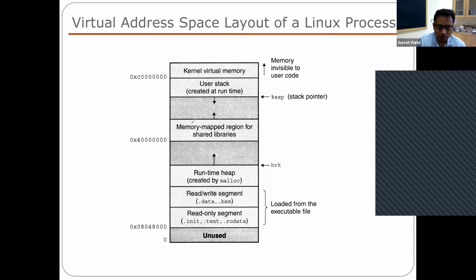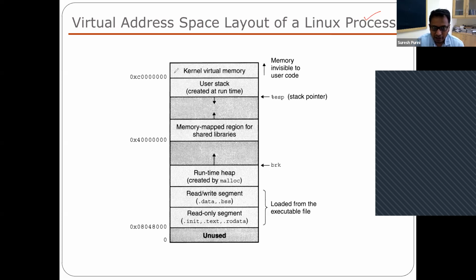This is how the memory layout of a process looks. A program, when it is given for execution, becomes what is called a process, and this is how the memory layout for a process looks.